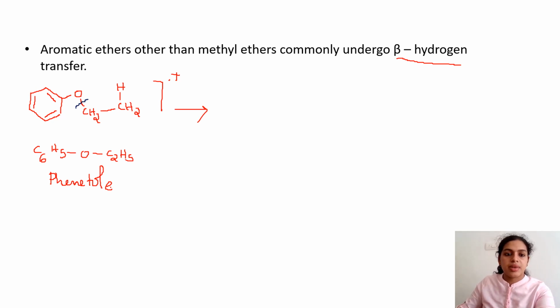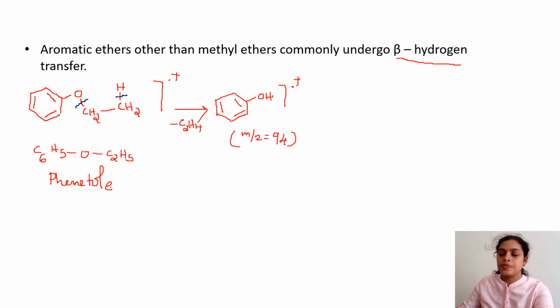A bond breaks like this, and this bond breaks, and as a result you will be getting OH dot plus, and a neutral molecule. What is the neutral molecule? Ethylene, that is C2H4, is eliminated as a neutral one, and the remaining one is OH dot plus, and the m/z value of this species, as we have seen in the case of phenol, will be 94.